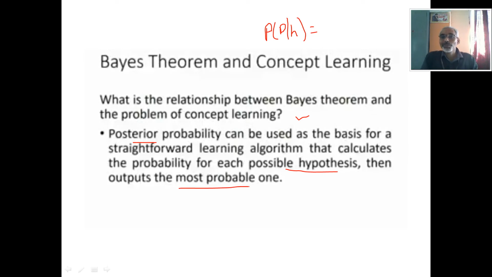Our posterior probability is telling us that we can apply it to any straightforward learning algorithm which calculates the probability of each hypothesis. In the example we saw, we took hypothesis H1 and calculated the posterior probability.